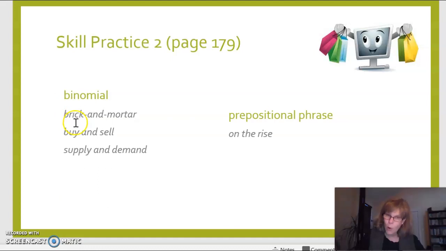I saw brick and mortar, I saw buy and sell, and then supply and demand, also in that paragraph. The prepositional phrase that I circled was on the rise. Did we already say that? Maybe we did. So lots of language chunks in that paragraph.